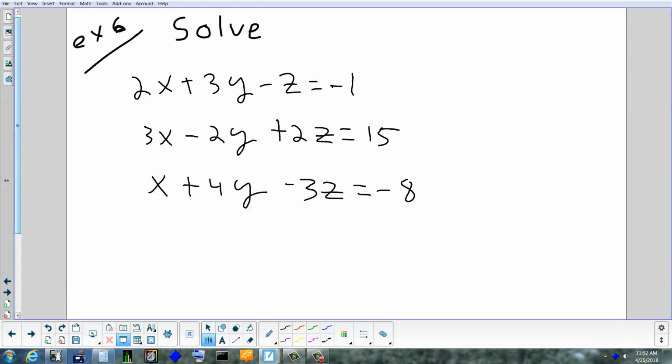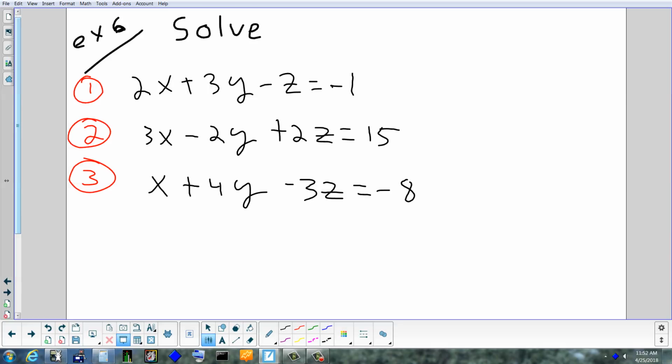Okay, so we have a lot of options. We have to pick 2 of those equations and eliminate one of the variables. So let's call them equations 1, 2, 3.